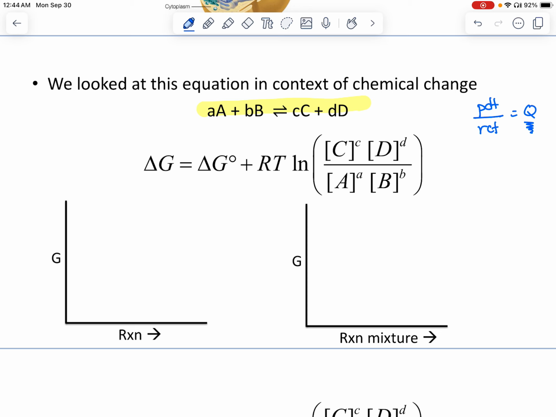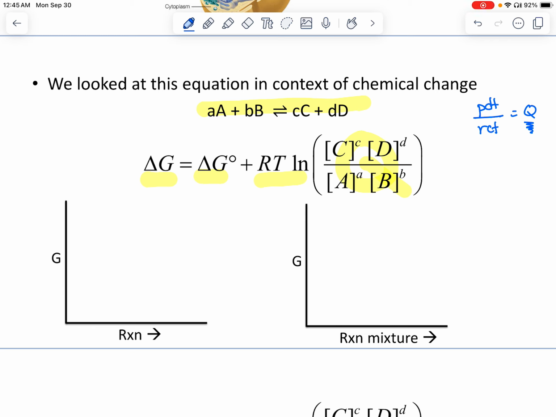So it's each product raised to its coefficient over each reactant raised to its coefficient. And we know that the Gibbs free energy at any given point is equal to the standard Gibbs free energy, that's when 100% of the reactants go to 100% products, plus this factor, RT natural log of Q. So we have that equation.